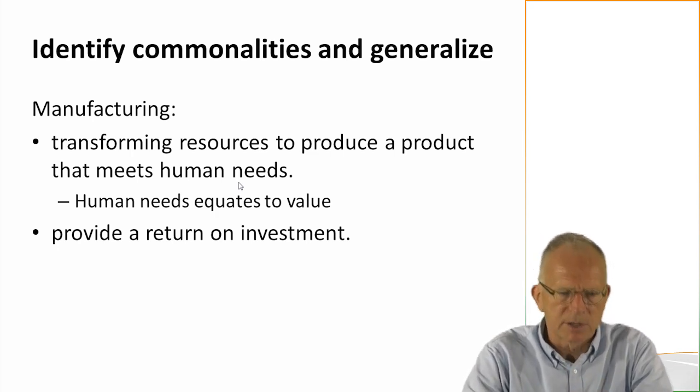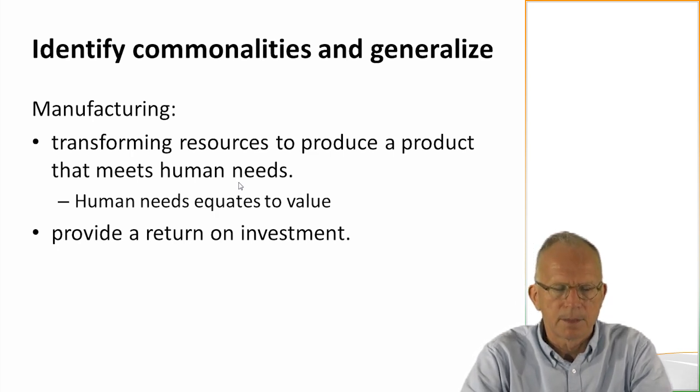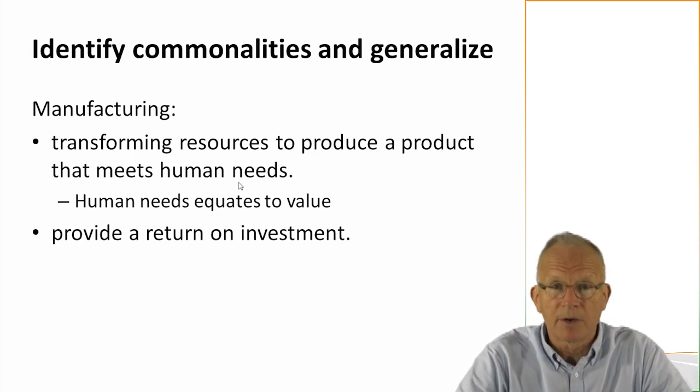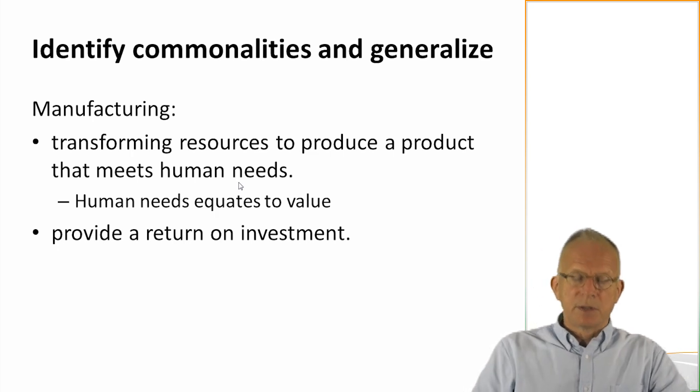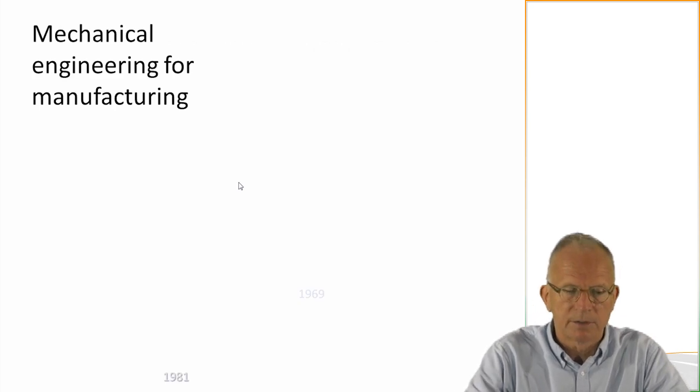Manufacturing, in general, we can define as transforming resources to meet human needs. Human needs here equate to value. It also needs to provide a return on investment so that it's economically sustainable. So commonality should relate value and return.